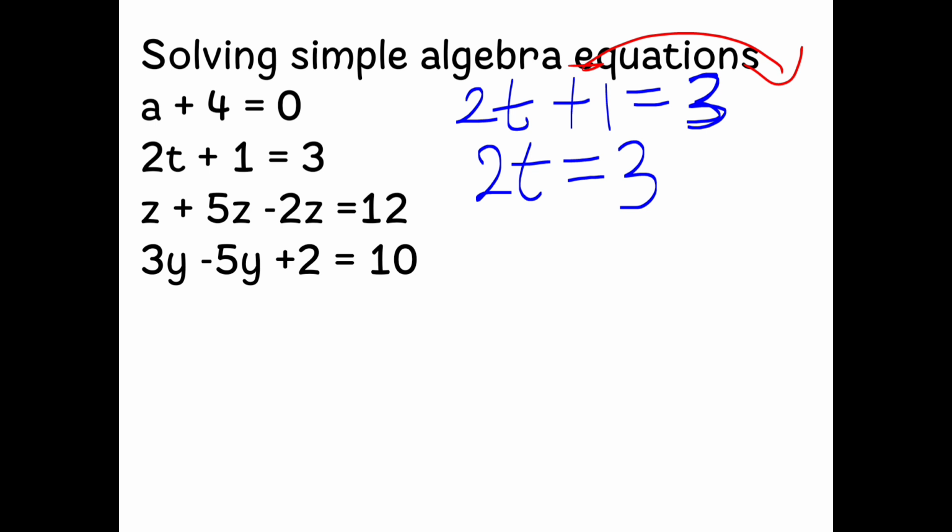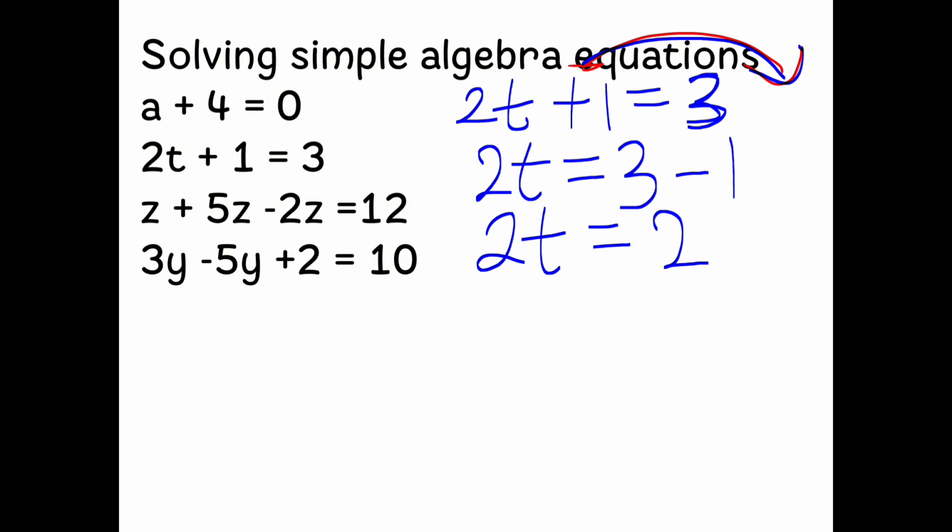Then plus 1 that is crossing to the other side would change its sign to what? Minus 1. Do you understand? Very good. So we have 2t equals 3 minus 1 gives us what? 2. Very good. So now we need to get the value of t. When you look at it closely, 2 is multiplying t here. 2 multiplied by t is 2t.